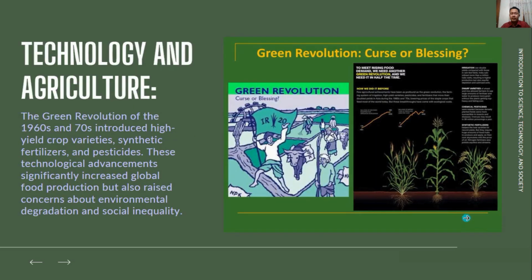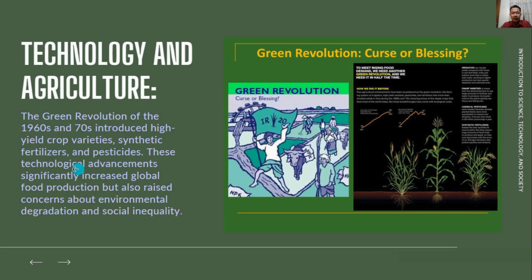Then the technology and agriculture. The Green Revolution of the 1960s and 1970s introduced high-yield crop varieties, synthetic fertilizers, and also pesticides in this era.